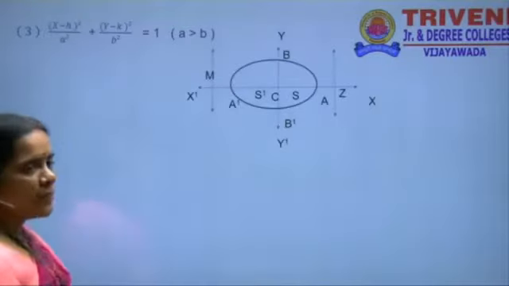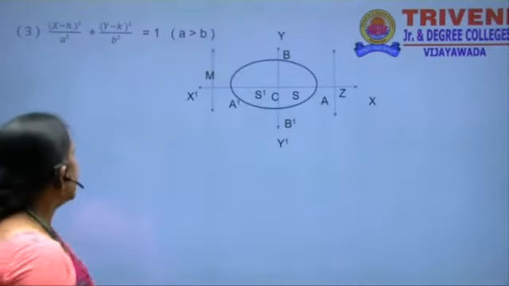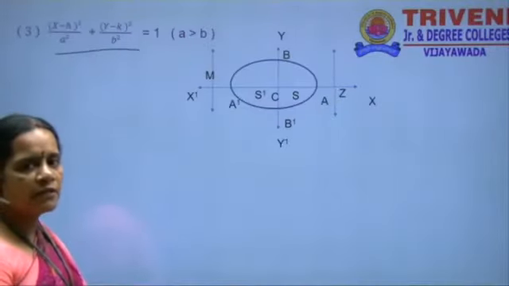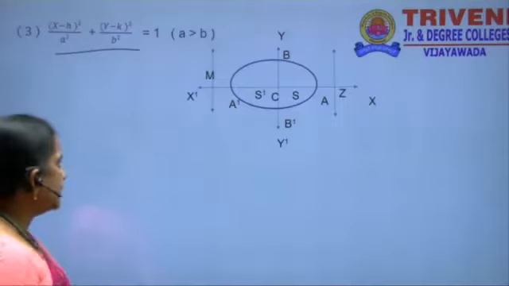That is x minus h whole square by a square plus y minus k whole square by b square is equal to 1. Here also a value is greater than b.